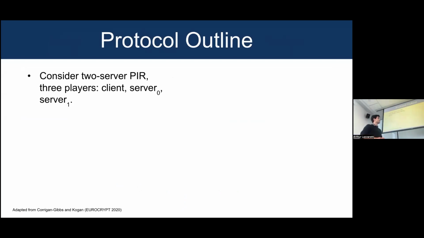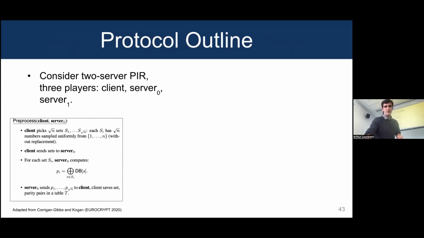All right. So in general, there's one framework, which is in an offline phase, before the client decides to do any query, it interacts with the server in the following manner. It picks square root of n sets of square root of n elements sampled uniformly at random, without replacement. These sets have elements which are indices from 0 to n-1.